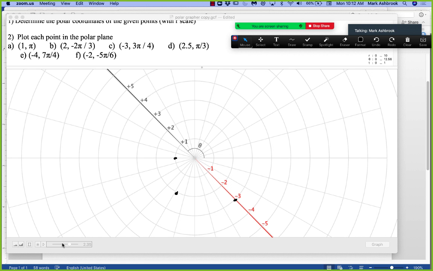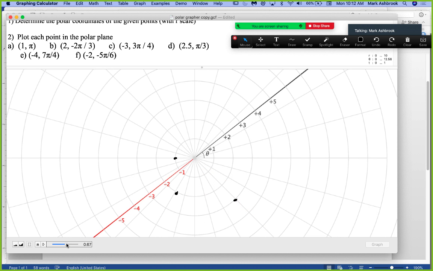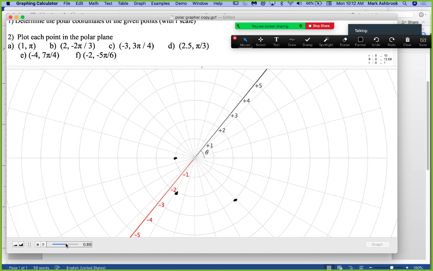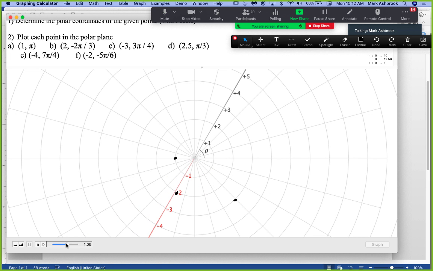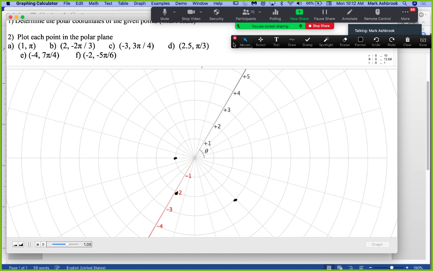Okay, pi over 3. So pi over 3 is right about there. Getting better with my finger here. All right, so there's pi over 3. And then in that direction, 2.5.